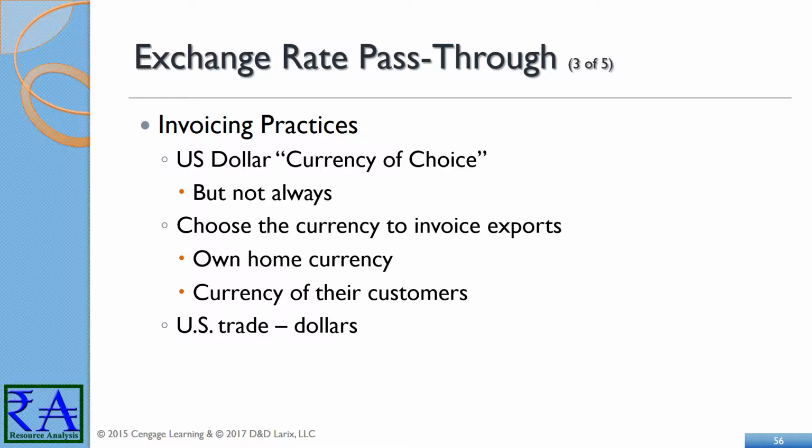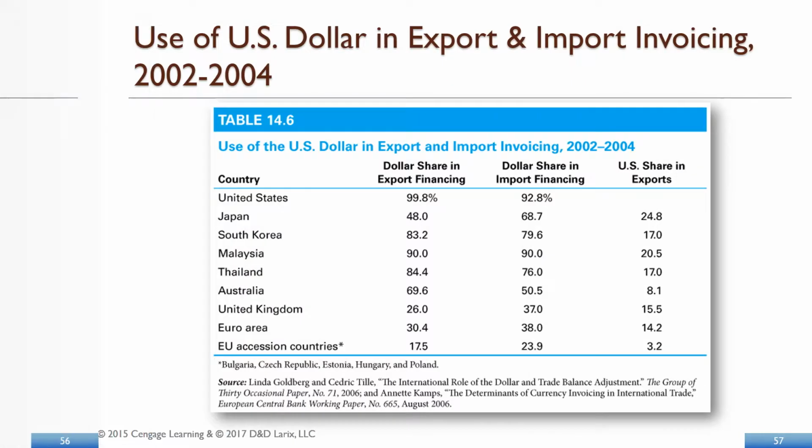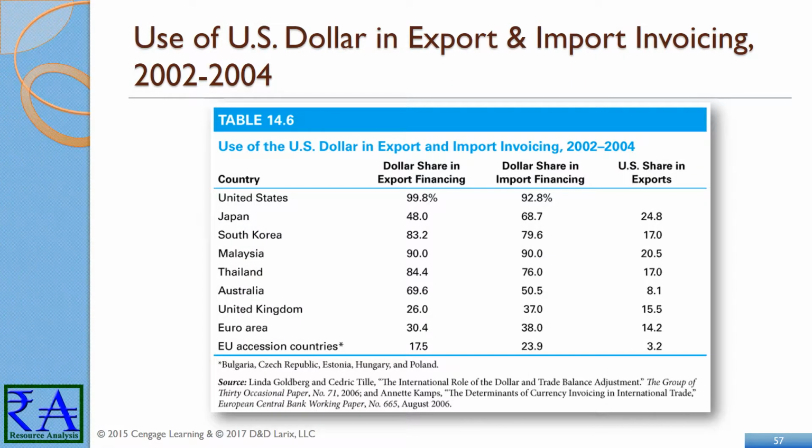Because of the prevalence of the default use of the US dollar, currency swings tend to affect prices of foreign businesses more than the US businesses. Risk is borne by the businesses located in non-US currency countries when using the US dollar for import and export pricing.